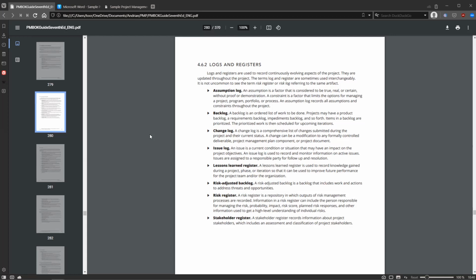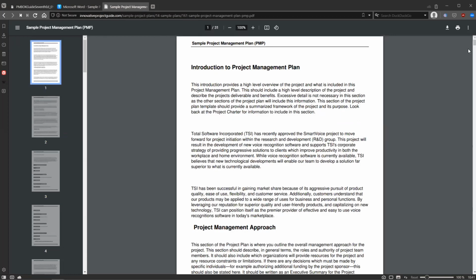We might not have any proof, or we don't really have any information to support this, but it's an assumption that either the project manager has, or a stakeholder, or even the project sponsor has. And it's very important to capture this. And the important part of this assumption log is how this information is kept.